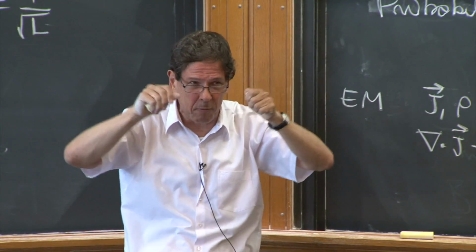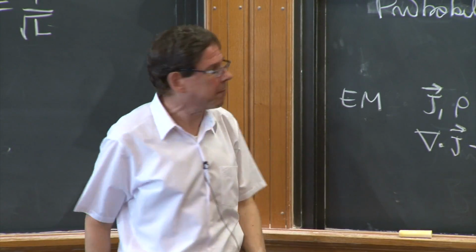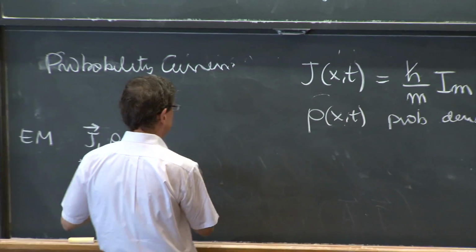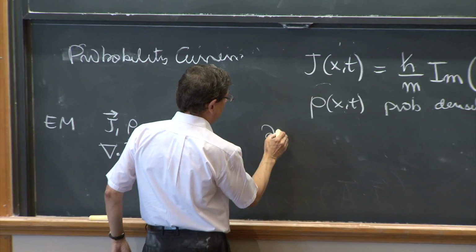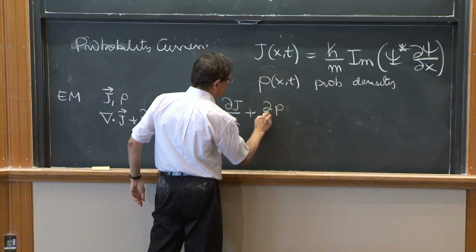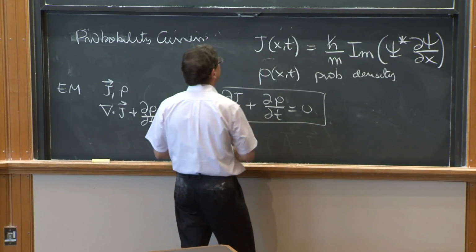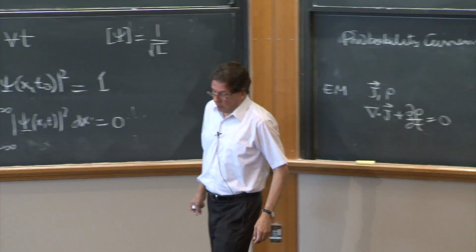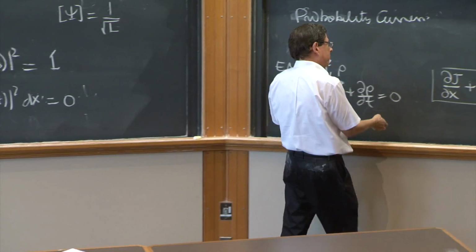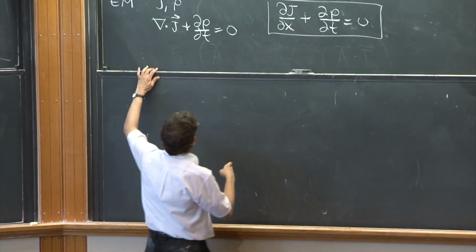It can escape a volume because the charges are moving, but if it doesn't escape, the charge remains the same. So this is charge conservation, and this is the same thing. So the divergence of j in this case reduces to dj dx plus d rho dt equals 0. It has a very similar interpretation. So perhaps in equations, it's easier to think of the interpretation.